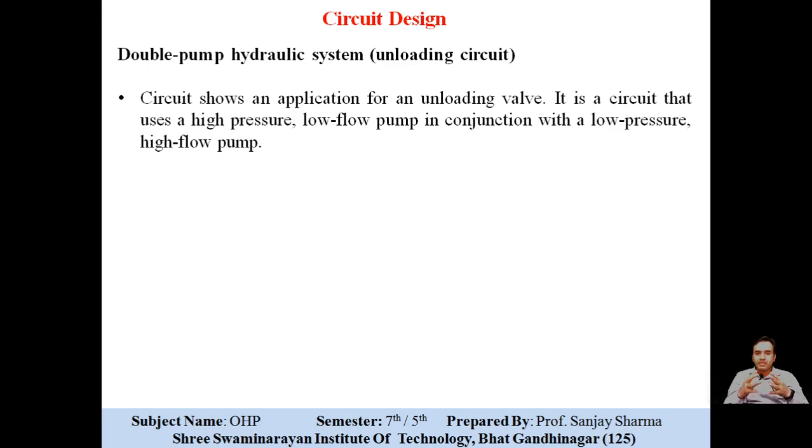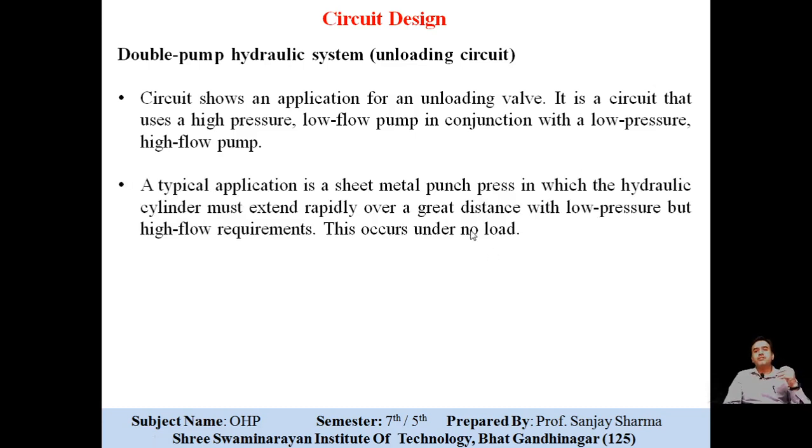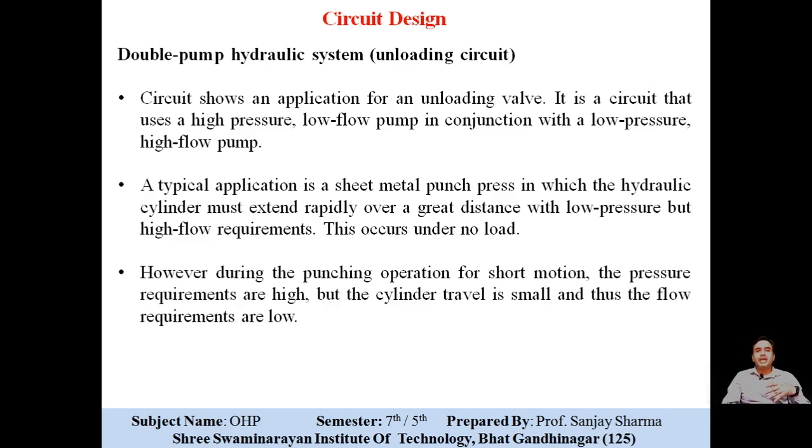That circuit shows the application of unloading valve. It is a circuit that uses a high pressure low flow pump in conjugation with low pressure high flow pump, and the working of the entire system is how I explained you in the previous slide on your screen, that during punching operation both the circuits come into operation, but according to their requirement, low pressure high flow, high pressure low flow, accordingly the circuit comes into action.